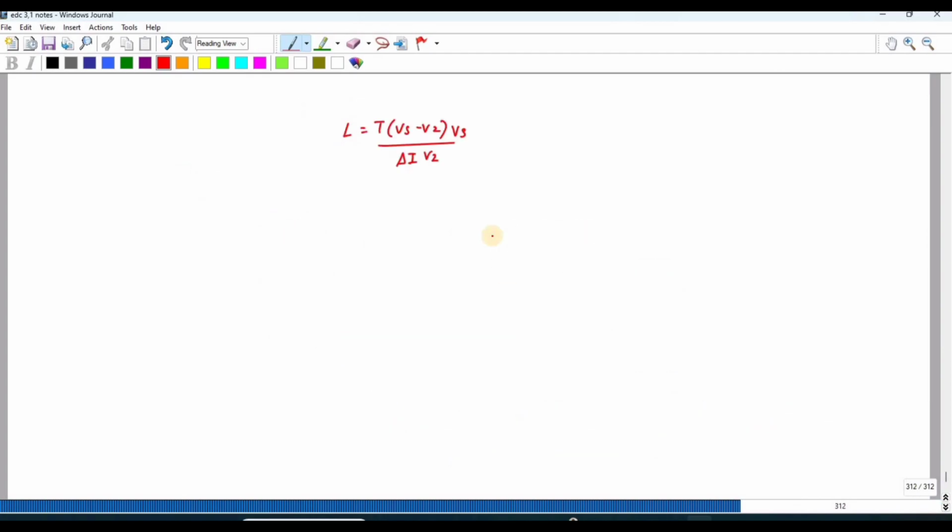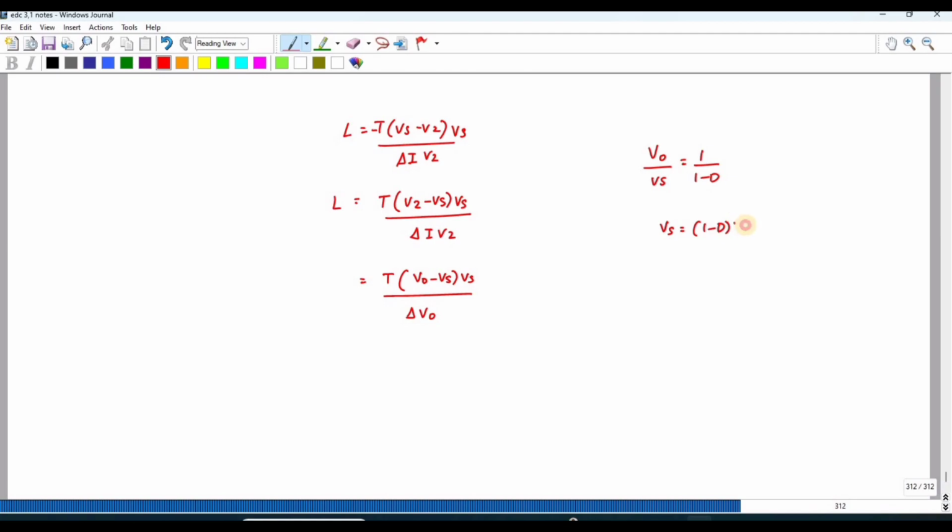So I can write L as T into V2 minus Vs into Vs divided by del I V2. This is your L. So I can write V2 is nothing but V naught. So we know that V naught by Vs is equal to 1 divided by 1 minus D. So I can write Vs is equal to 1 minus D into V naught.